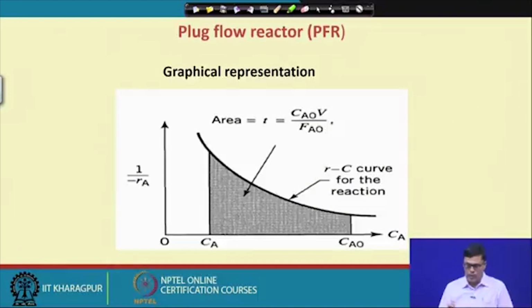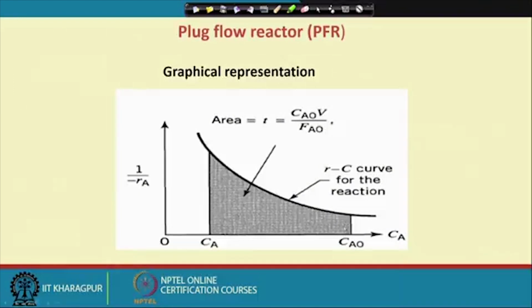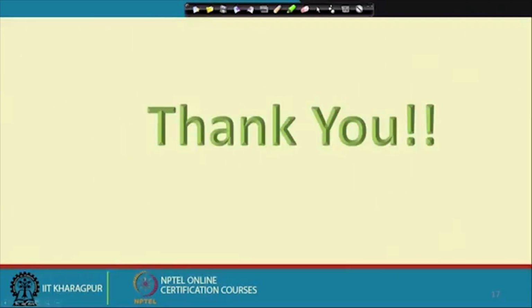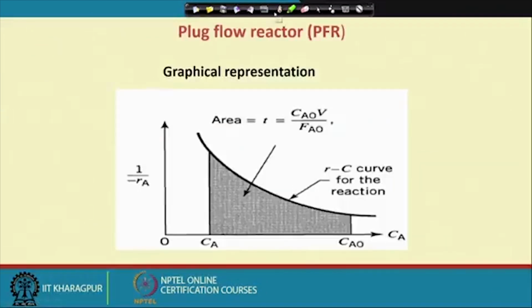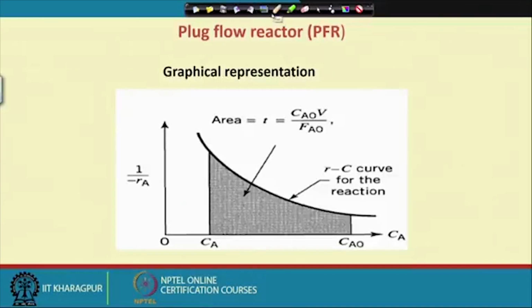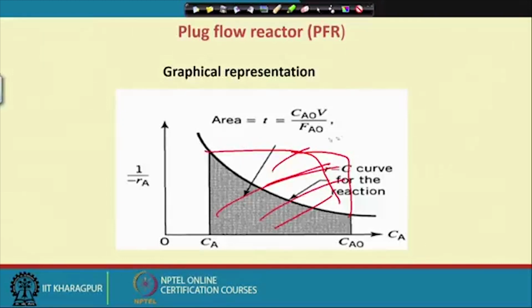And here in the plug flow reactor, you can remember that when we talked about the CSTR, the area under this curve is like this. This area under this curve we call tau CSTR. Am I right?